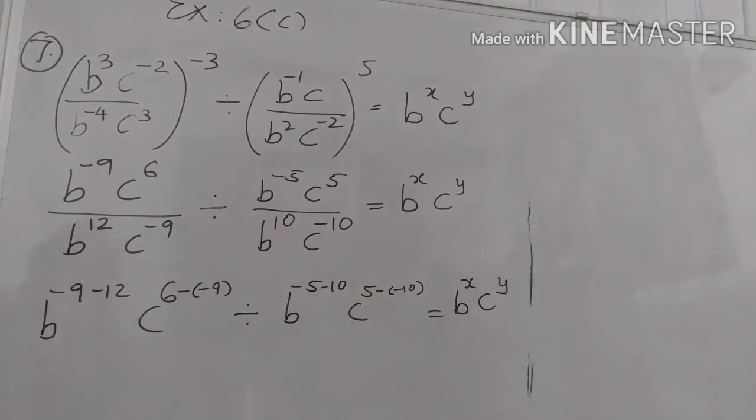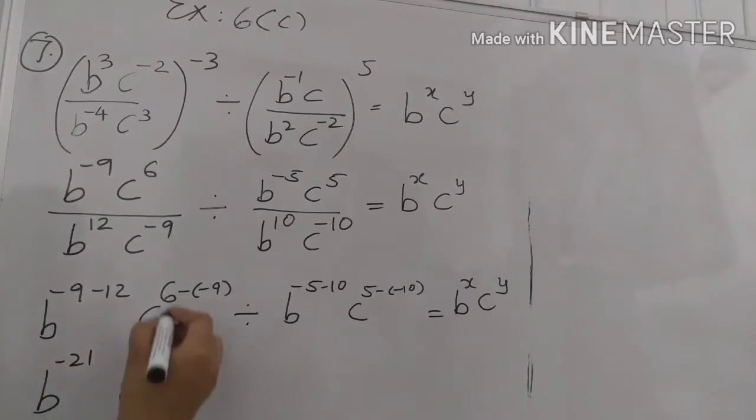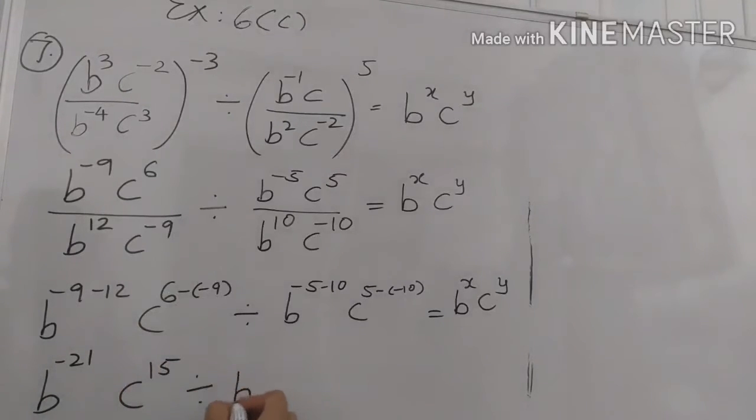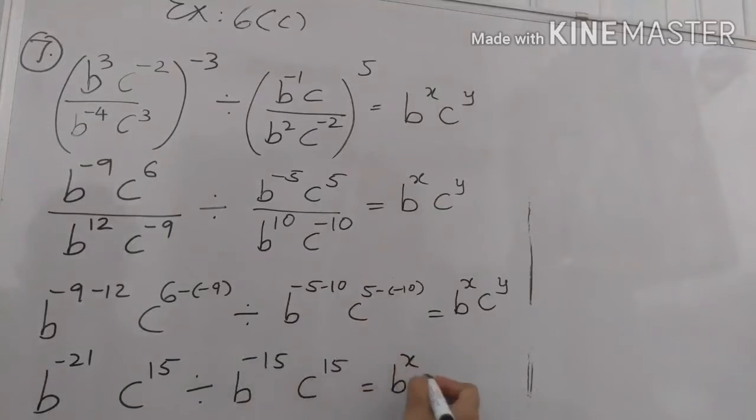So this is our division law in which we separate the powers. Now b is minus 9 minus 12, which is minus 21, and c is 6 plus 9, which is 15. In division with, b raised to minus 5 minus 10, which is minus 15, c raised to 5 plus 10, which is 15. So it is equal to b raised to x, c raised to y.